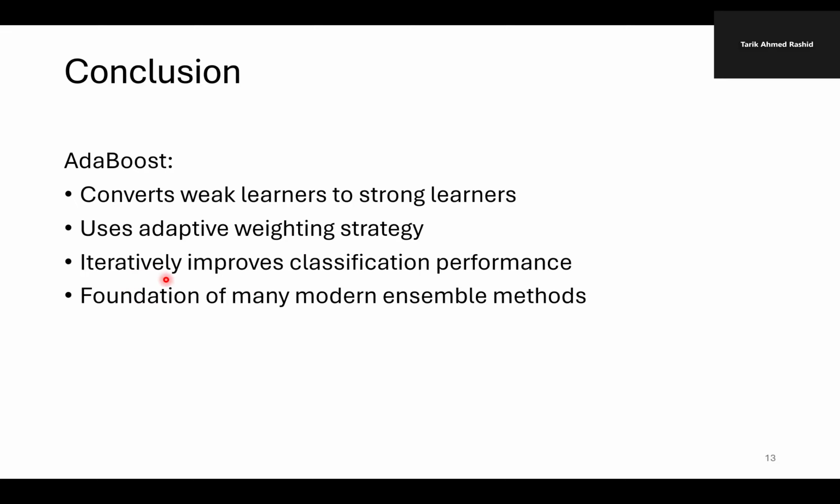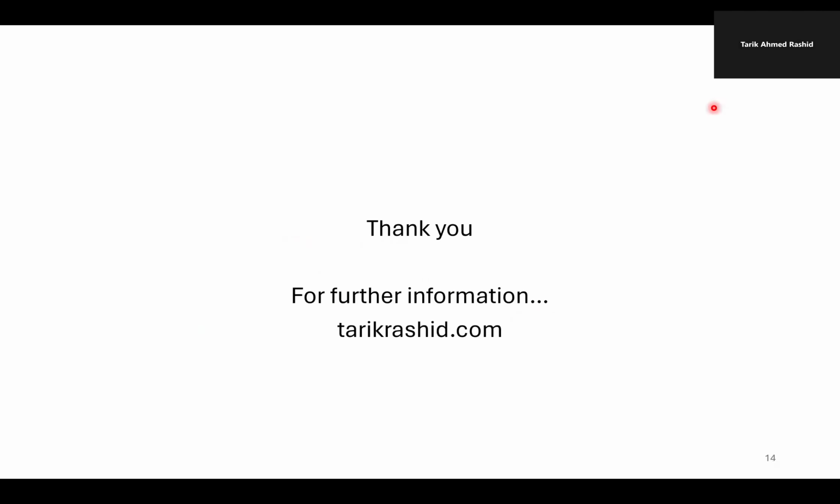Repeatedly, we try to improve classification performance, and it is the foundation of many modern ensemble methods. So this is more or less about today's class, and stay tuned for the practicals, which are also important to see how this beautiful algorithm can be implemented step by step.